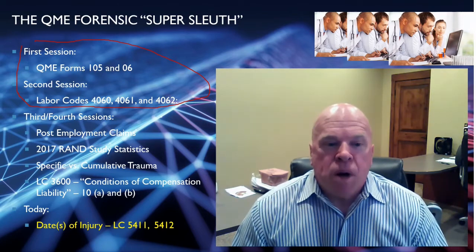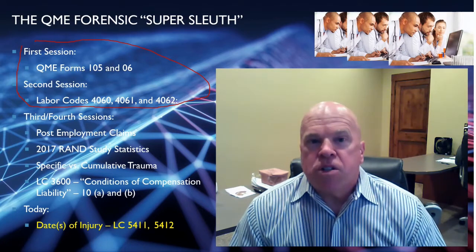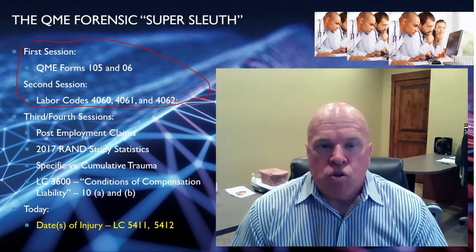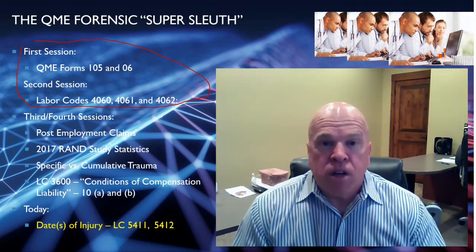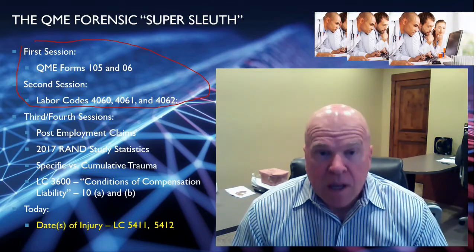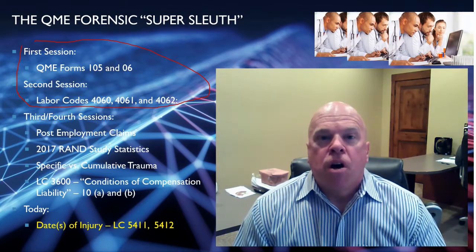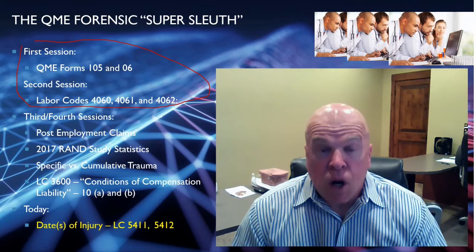And then we talked about Labor Codes 4060, 4061, and 4062, which are the labor codes that drive the need for the evaluation with you. And different disputed issues are resolved under different labor codes.